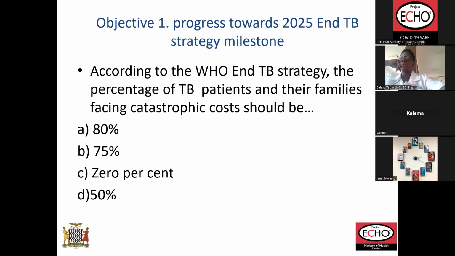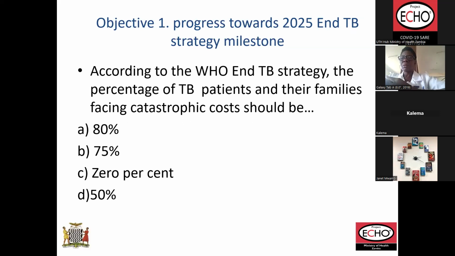So the first poll question is towards the progress that we have made towards meeting our 2025 milestone to end TB. And the question is, according to the World Health Organization End TB strategy, the percentage of TB patients and their families facing catastrophic costs should be. I will read that again.